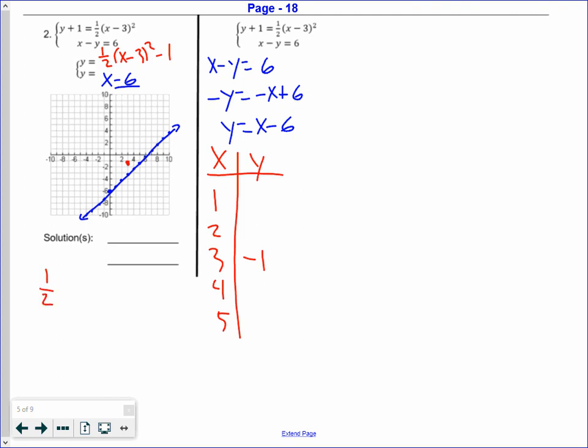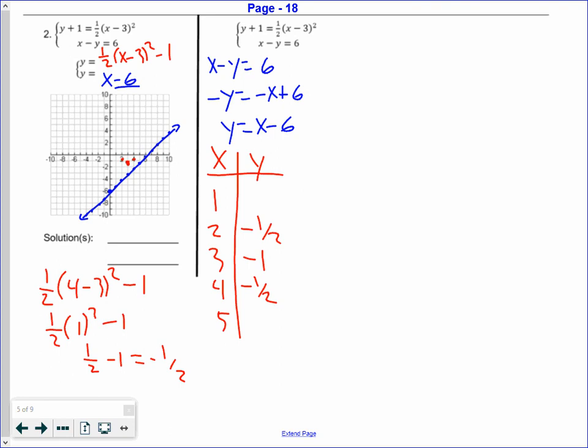We get 1/2 times (4 minus 3) all squared minus 1, or 1/2 times 1 squared minus 1. 1 squared is just 1. So 1 times 1/2 is 1/2, minus 1 is negative 1/2. So when x is 4, y is negative 1/2. So we can plot that. And I know the mirror of it at 2 will be the same thing.